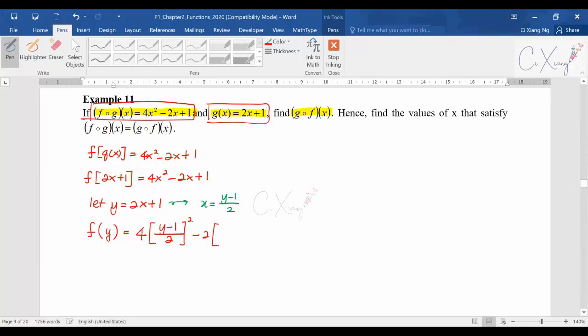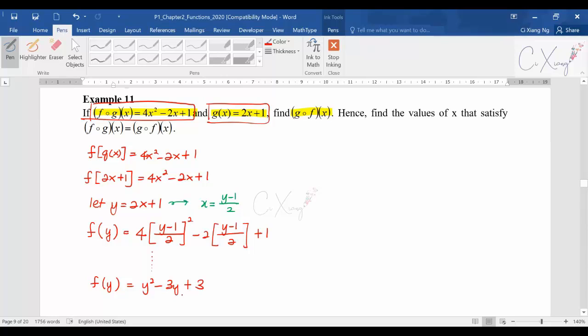Then minus 2x, and again x is (y minus 1) divided by 2, and then plus 1. If I expand and simplify everything, I'll get f(y) equals y squared minus 3y plus 3.